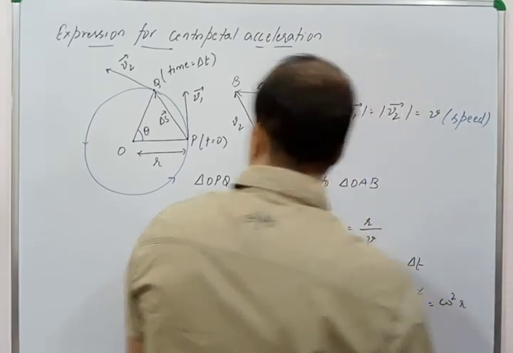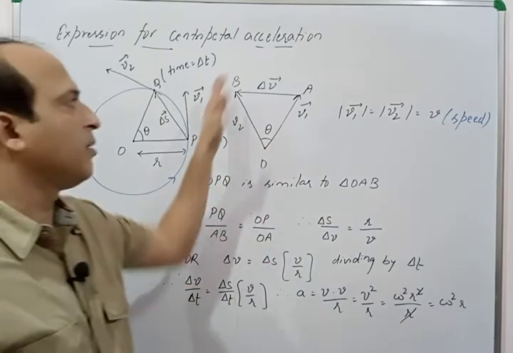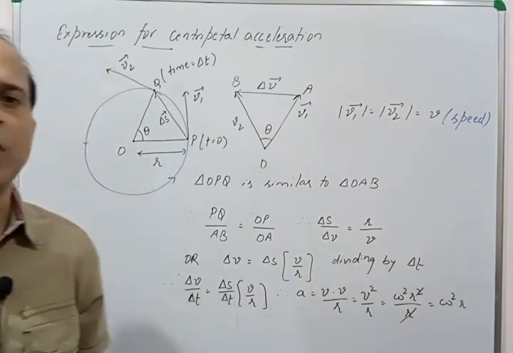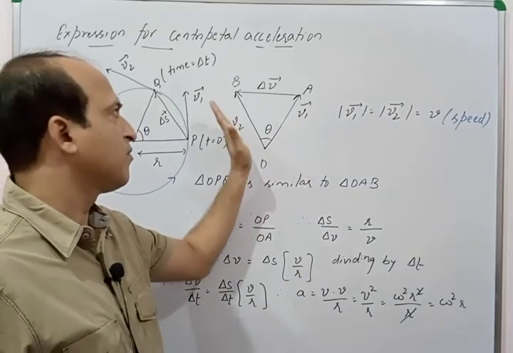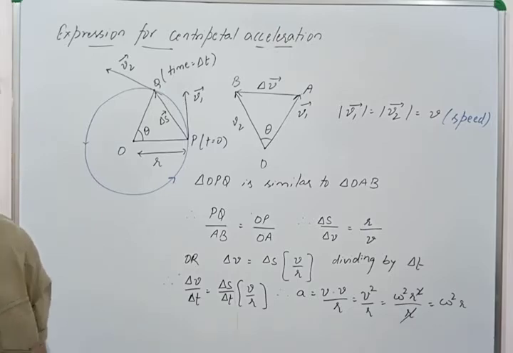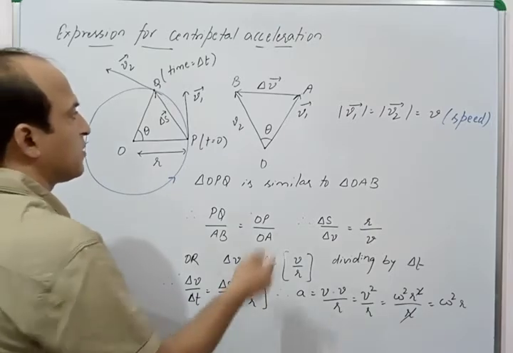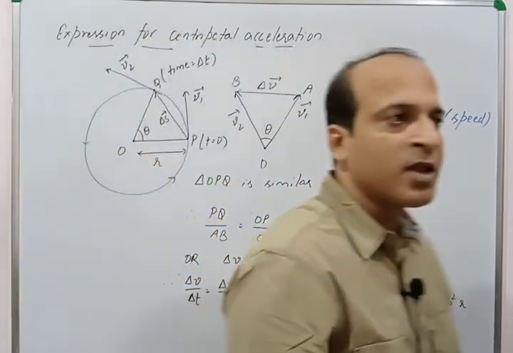इसके बाद class, on the same triangle, that is corresponding to triangle OPQ, I have drawn triangle OAB, but this time OAB is the corresponding velocity triangle. As you can see, OA represents V1 and OB represents V2, so delta V, or change in the velocity vector, will be represented by vector AB, right?